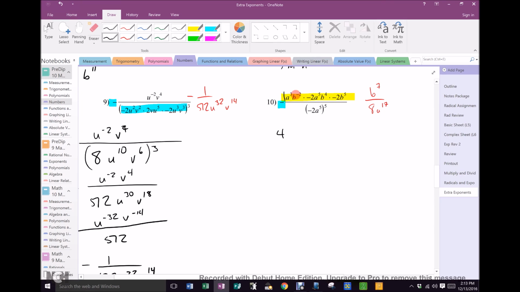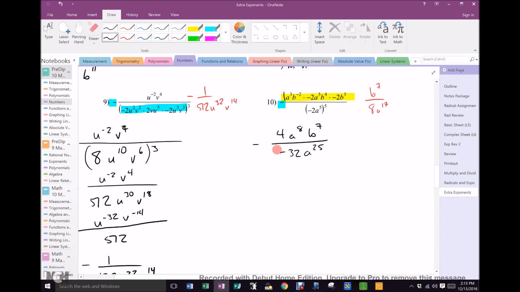And a to the 3 plus 5 is 8. So I got a to the 8th. Negative 2 plus 4 is positive 2, plus 5 is b to the 7th over negative 2 to the 5th is negative 32, and there's a negative out in front, a to the 25th.